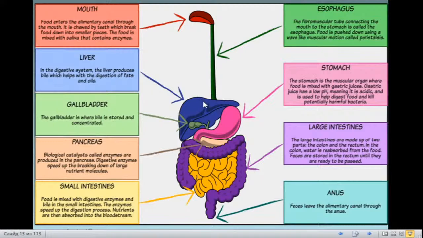And all the glands belonging to the digestive system will be represented by large glands and small glands. Large glands, in the oral cavity there are 3 pairs of salivary glands, and in the abdominal cavity they are liver and pancreas. Small salivary glands are scattered all along the digestive tube.